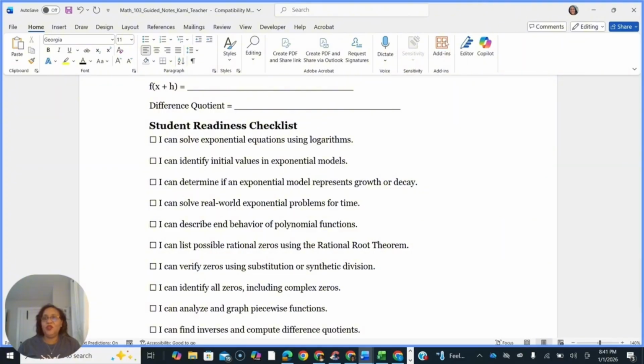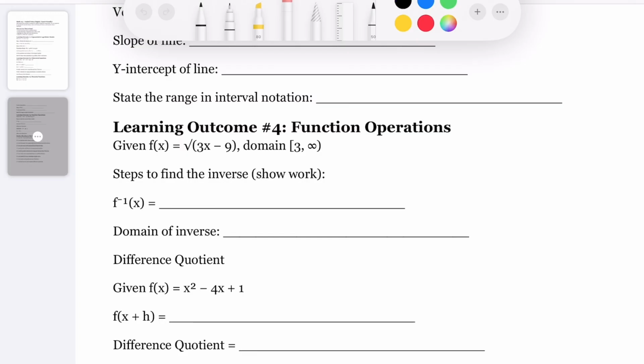Okay, as promised, I am going to do the learning outcome number 4 by hand. I'm going to show you, and you can just figure out how to write this using Cami.